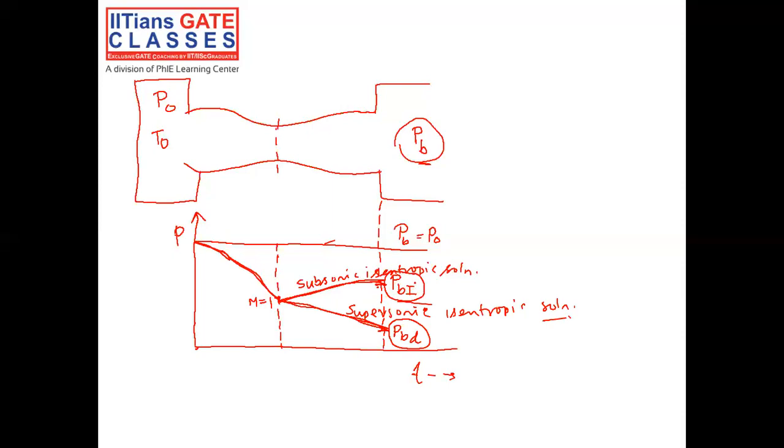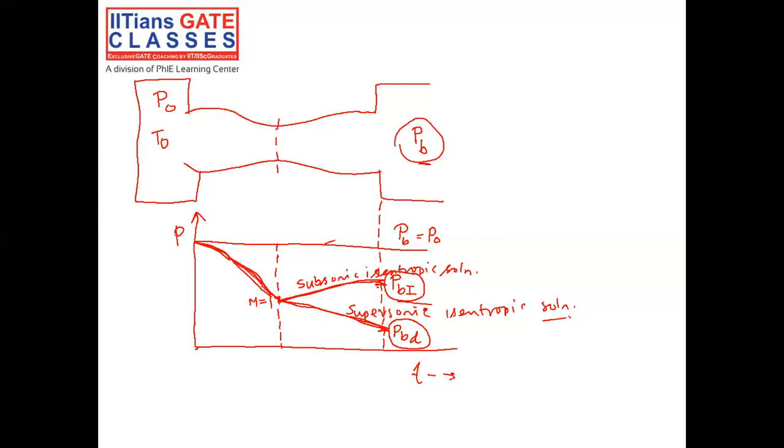So what happens when we reduce the back pressure from PB1? As the Mach number has already reached sonic at the throat, the convergent part of the duct remains unaffected. Even if we reduce the pressure from PB1 in the range PB1 to PBD, we will see no change in the flow in the convergent part.